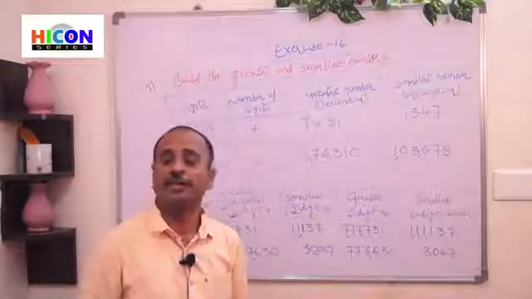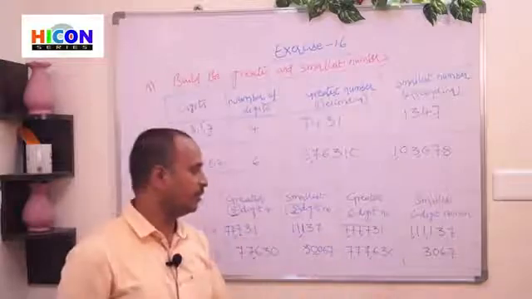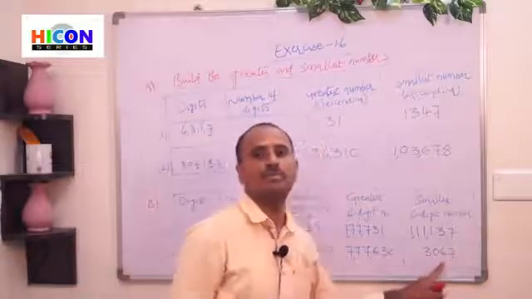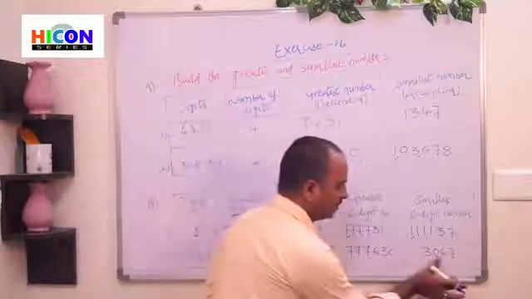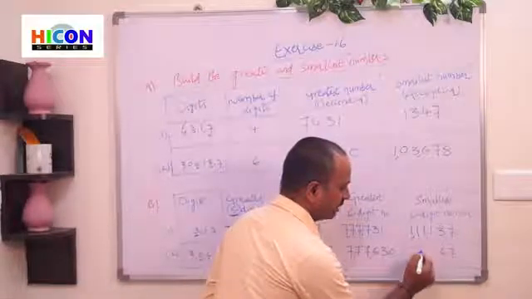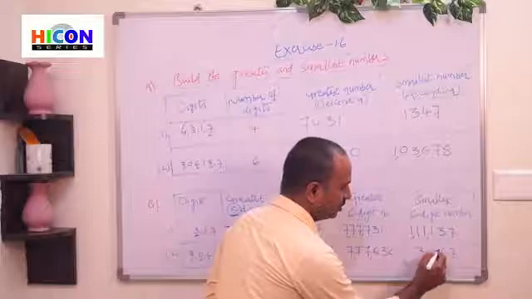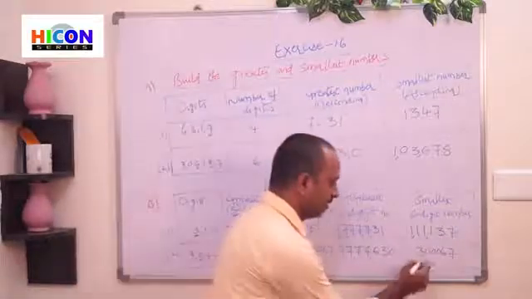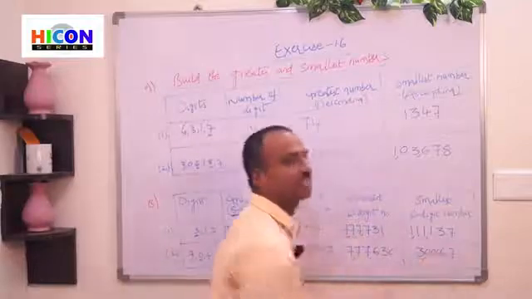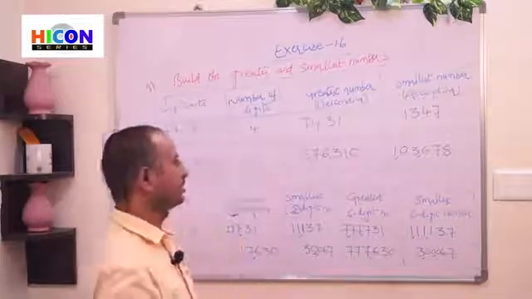So repeat the smallest digit 2 times. Among these 4 digits, which one is the smallest? 0 is the smallest. So repeat the 0 two times. Now it becomes a 6-digit number and the number is 3,67,000. This is the smallest 6-digit number.